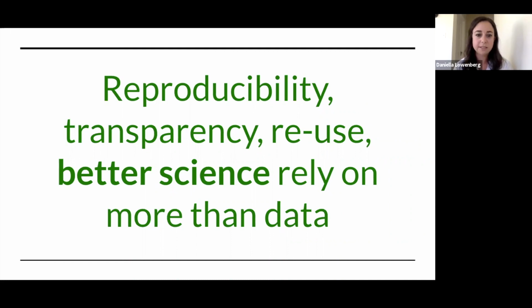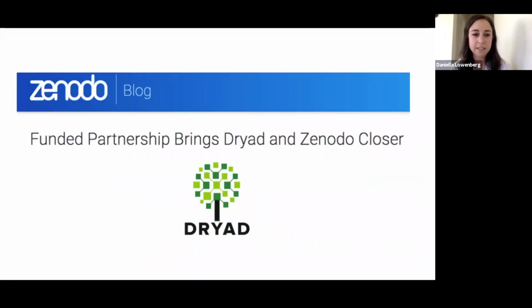And so we know that software is a huge piece of this. And in 2019, we were really excited to partner with Zenodo. And so for those of you who aren't familiar, Zenodo is one of the largest general repositories. They're based at CERN, and we have Alex on the call, who is the service manager for Zenodo. And they have really invested heavily in integrations with GitHub, supporting software citation, leading the way in that realm.